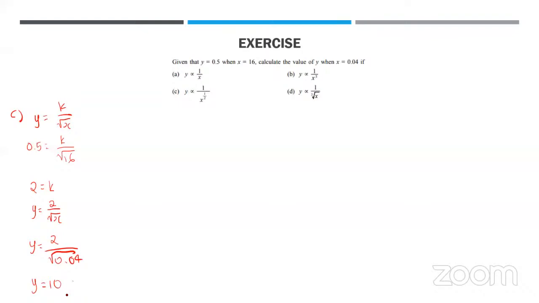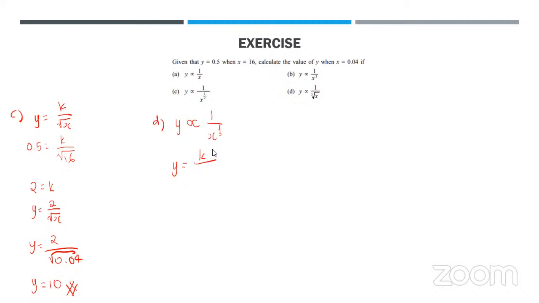Now let's look at D. It's a bit more peculiar. So y varies inversely to the cube root of x, or we can also write this as x to the power 1 over 3. So we can write this as y is equal to, again, constant multiplied by the 1 over x to the power 1 over 3.